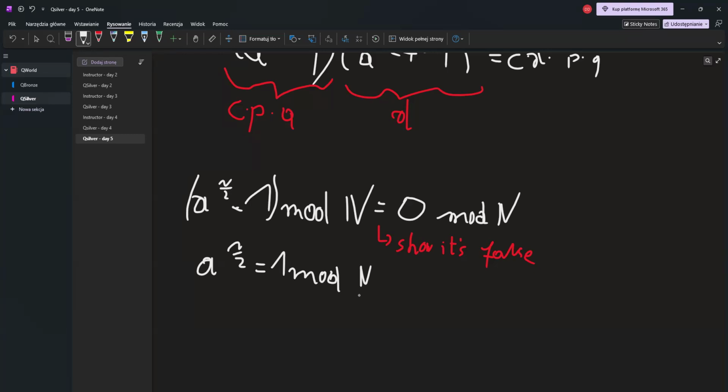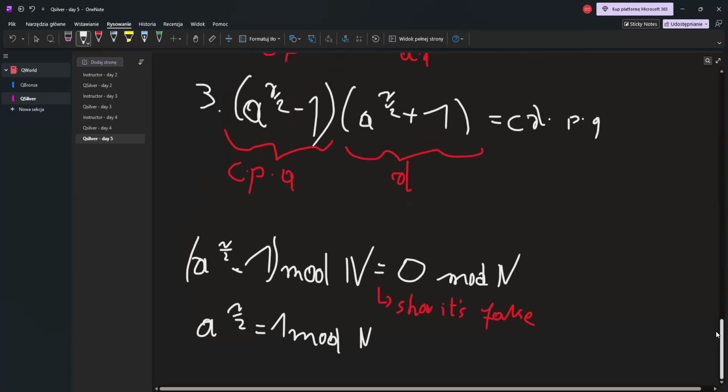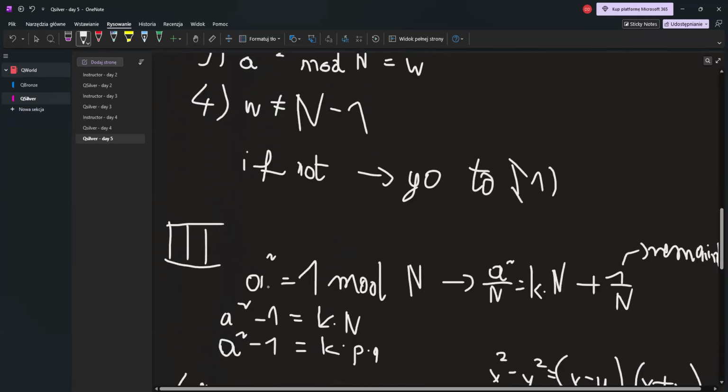Then we know that r is the period of a to the power of some x. Then it cannot be that a to the power of r divided by 2 is equal to that expression, because then it would violate this equation, because r is the smallest possible value that meets this equation. So if we found that r divided by 2 also meets this equation, then it means that our r was incorrect from the very beginning.